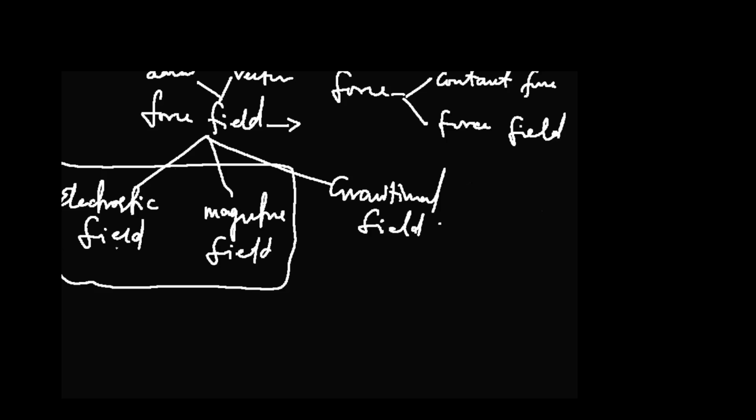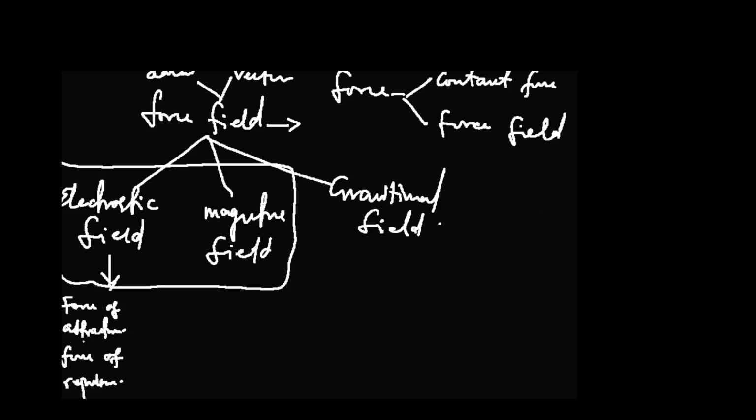Now, an electrostatic field is a region or space where a body experiences the influence of some electrical force. In this field, there is what we call force of attraction and force of repulsion.